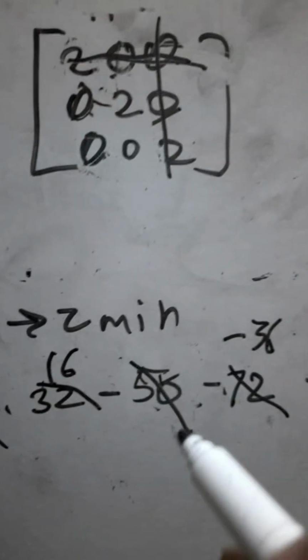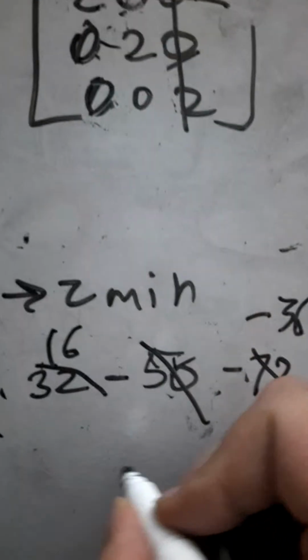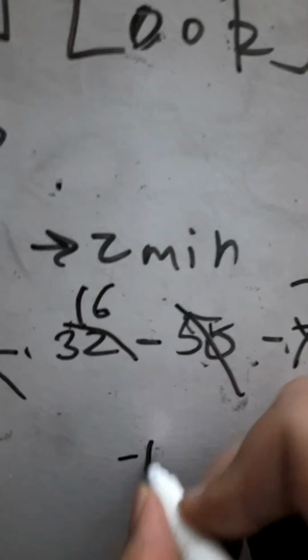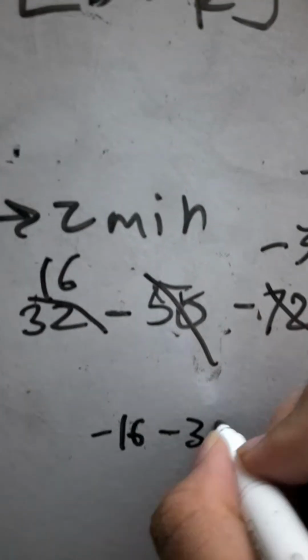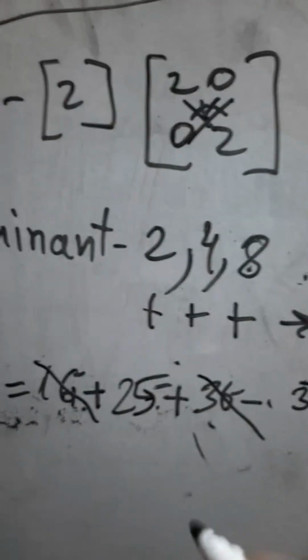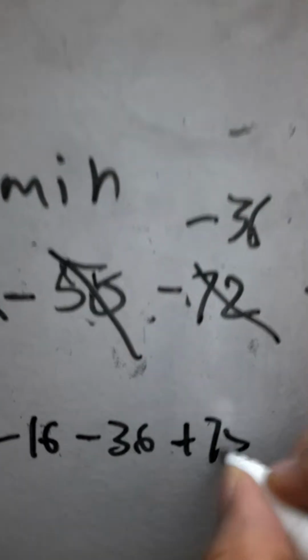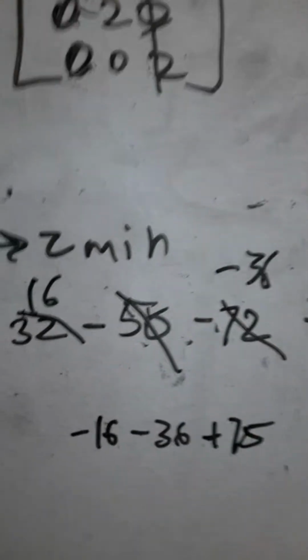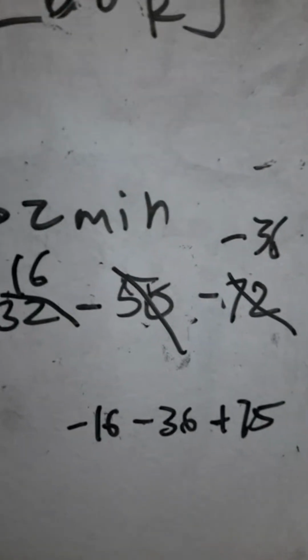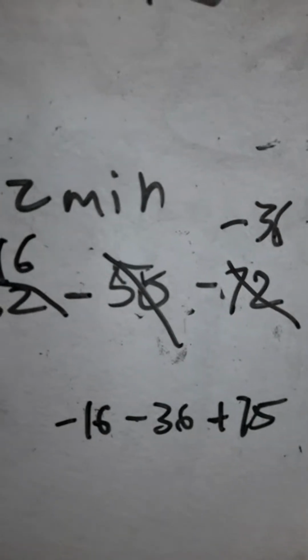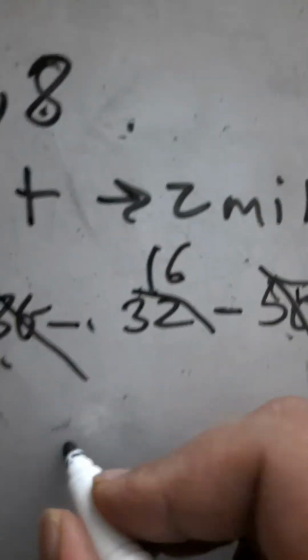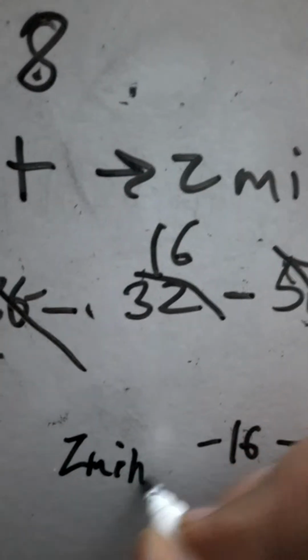So now minus 16 and minus 36 are remaining. On the positive side we just have 25 and 50, which becomes 75 actually. Yeah, so 75 minus 36. Come on, you can do that now, right? Okay, I guess you can do that. Come on, bruh.